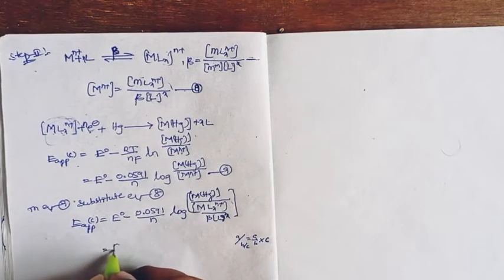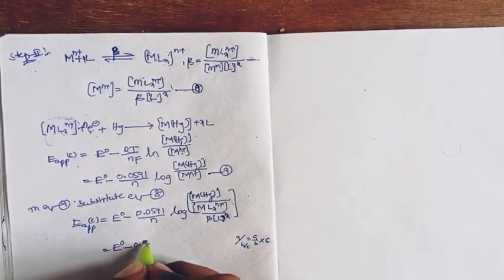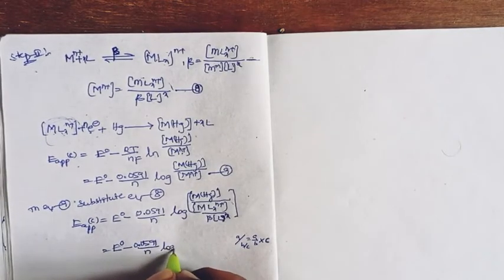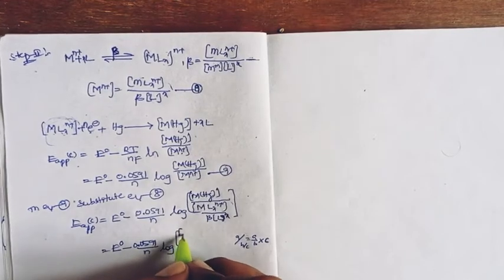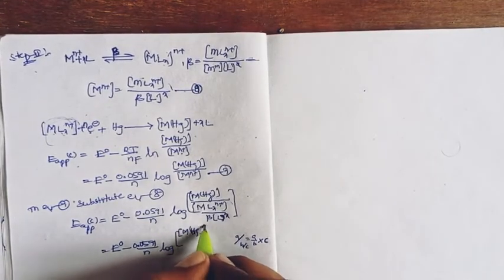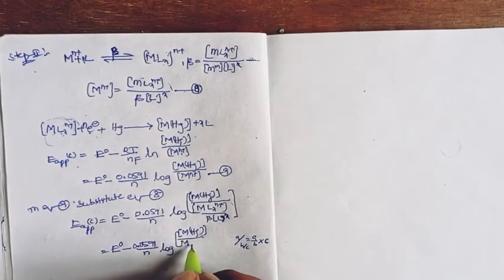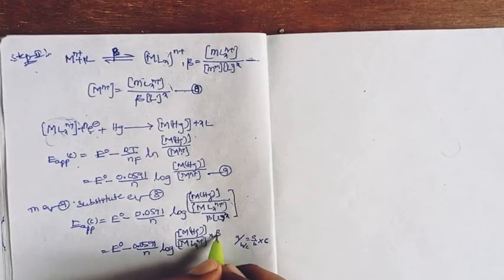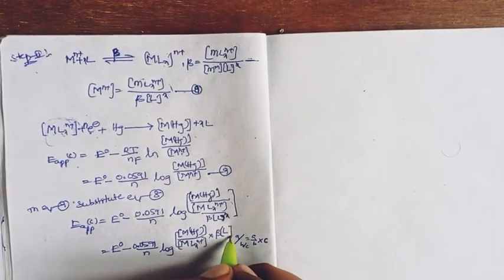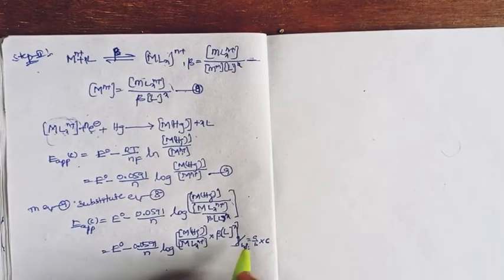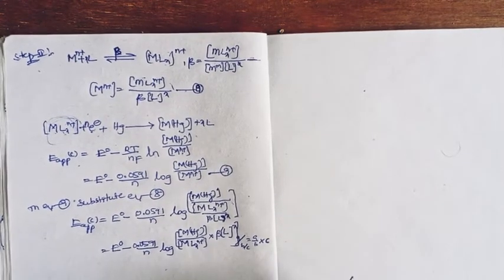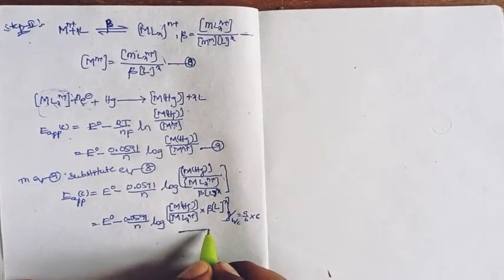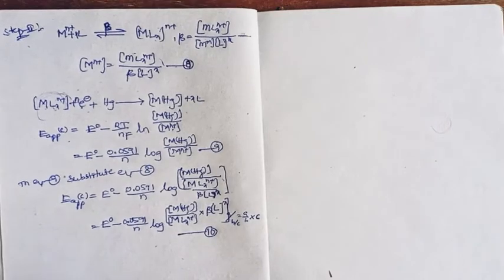The E applied is equal to E naught minus 0.0591 by n into log of the concentration of metal amalgam divided by the metal complex concentration into beta into ligand concentration to the power x. You consider this as equation number 10.